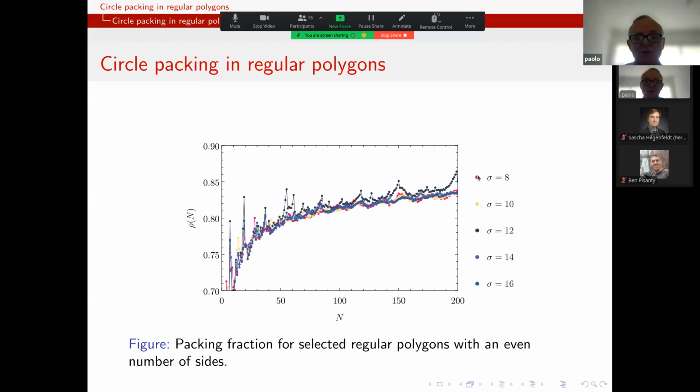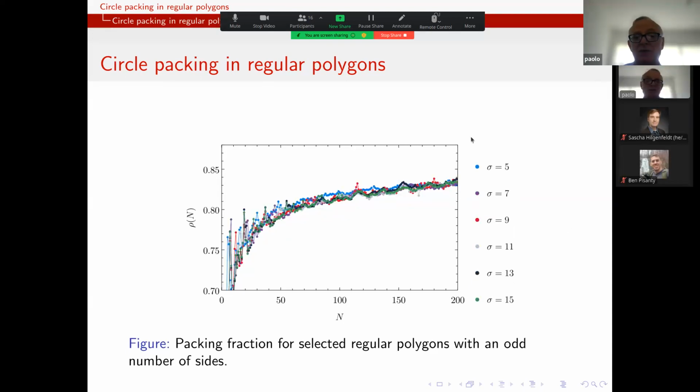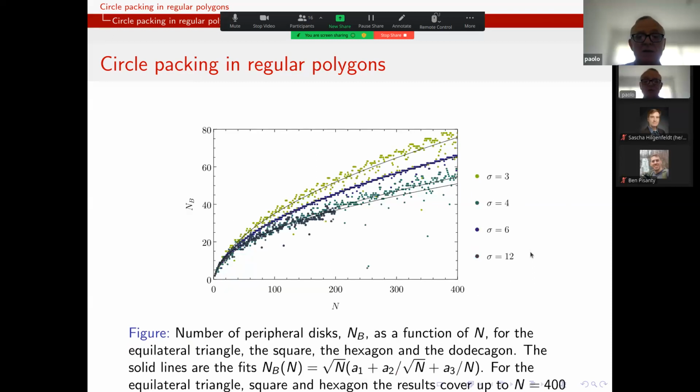This is not so much true for other domains, where the dodecagon is plotted again; the dodecagon actually has some peaks, but more generally, these domains do not have such sharp behaviors, and also for the other ones with an odd number of sides.